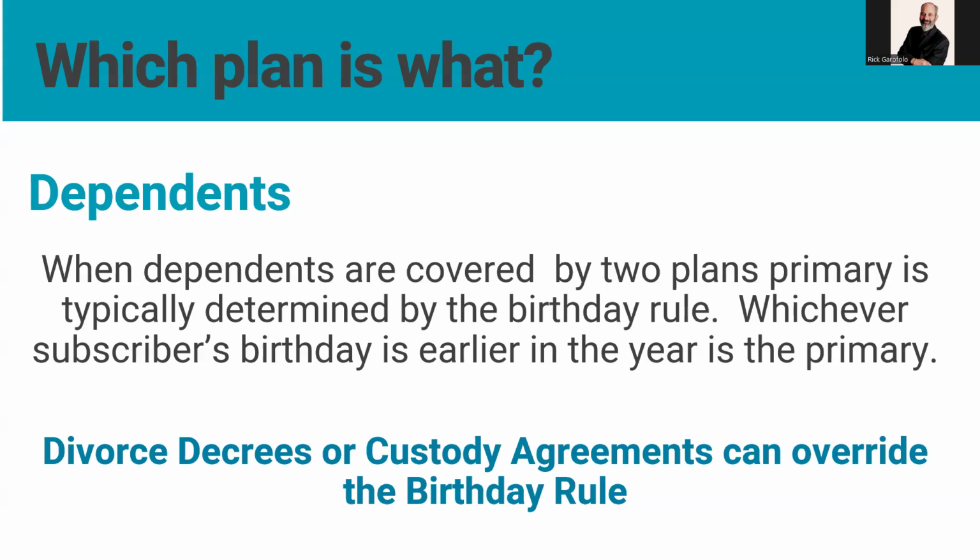I just came across this yesterday where there was a dispute between parents over which was the primary and which was the secondary. It's been going on for 2 years, and their three kids have been coming to this office every 6 months for the past 2 years, and no insurance has made payment because they are fighting over who's primary and who's secondary.